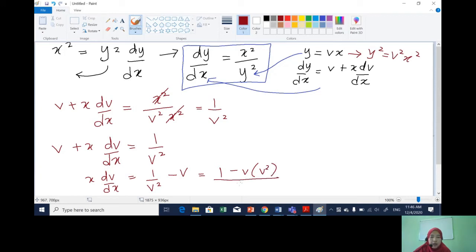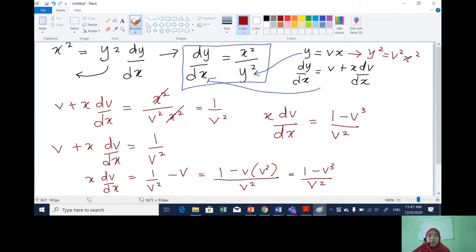Then we combine, they have the denominator of v squared. So we open the bracket and have 1 minus v to the power 3 over v squared. So x dv over dx is equal to this one. I'm going to write it in the new form as x dv over dx is equal to 1 minus v to the power of 3 over v squared.